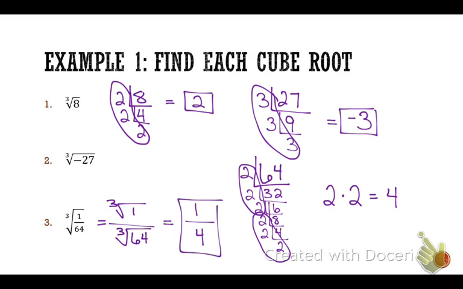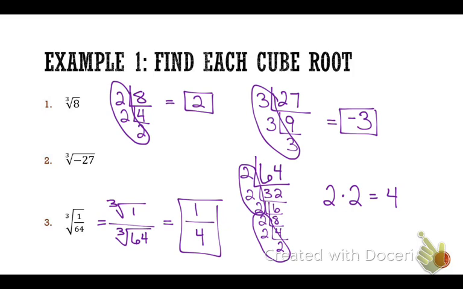If you test that in your calculator, what's 4 times 4 times 4? 64. We're just checking the denominator. Okay. So again, the upside down division is my fallback for when I don't know what the cubed root is.